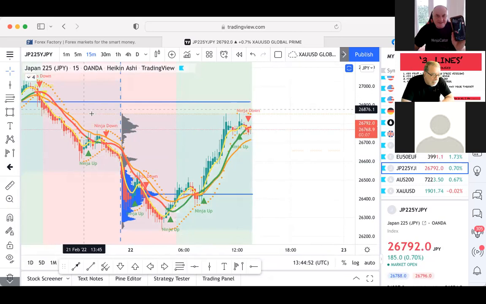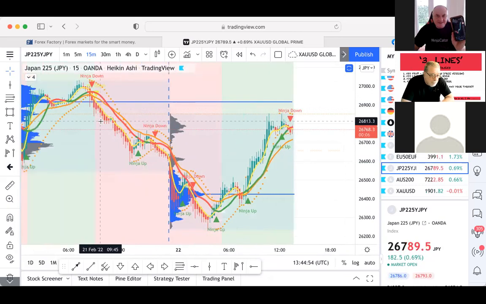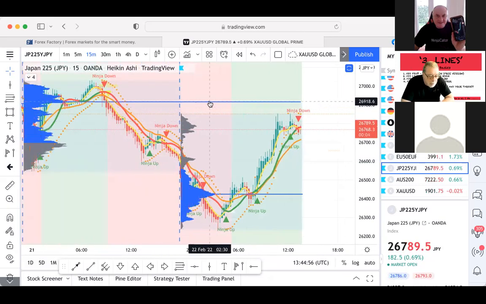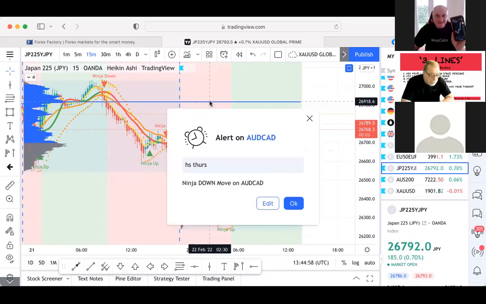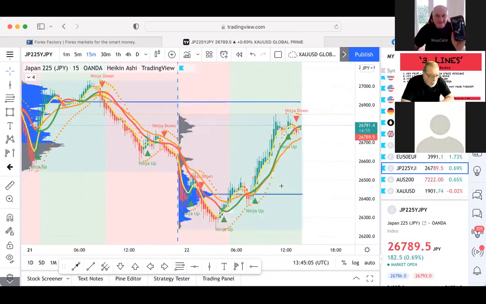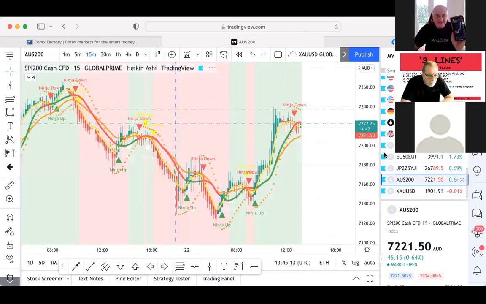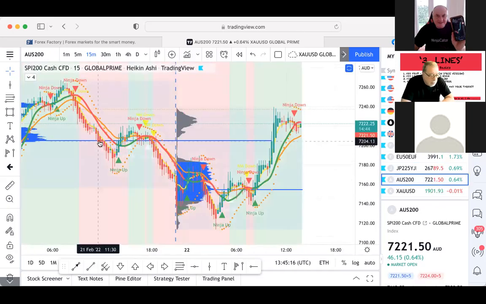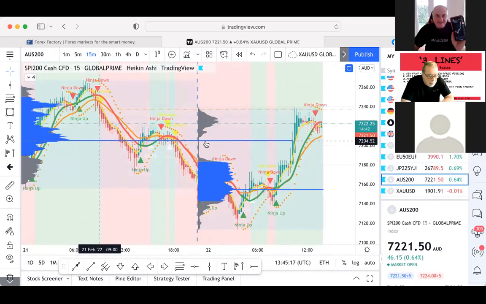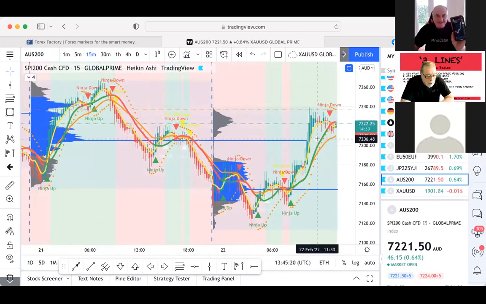You use yesterday's point of control as today's target, and the field of play is the dark blue area, and then you look for other outstanding points of control as further targets. There's the Australian 200, same idea. Yesterday's point of control becomes today's target, and there's your field of play, the dark blue area.